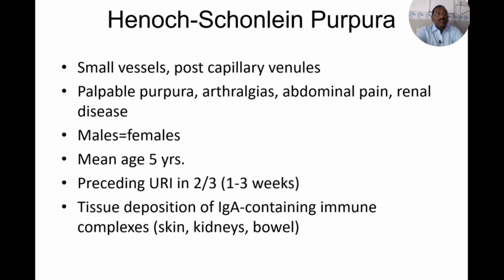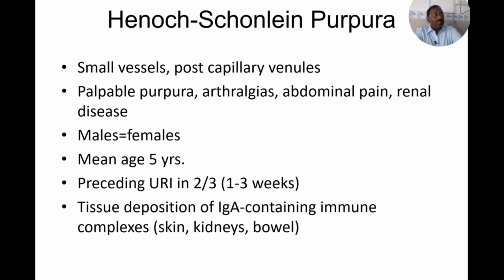HSP, that is Henoch-Schönlein purpura: small vessels, post-capillary venules, palpable purpura here, arthralgias, abdominal pain, and renal disease. Males and females are equally involved here. Mean age is 5 years. Preceding upper respiratory tract infections in 2/3, at least 1 to 3 weeks.